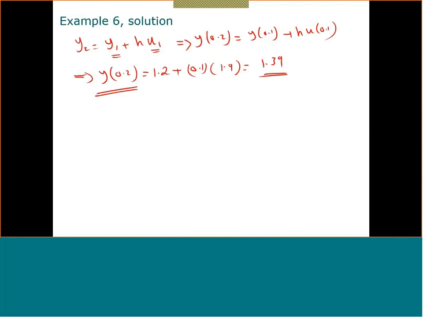If the objective is to find y prime at 0.2, sometimes we want to find the derivative of the function, not just the function, we just continue. We'll find u2, which is equal to u1 plus h times minus x1 u1 minus y1.